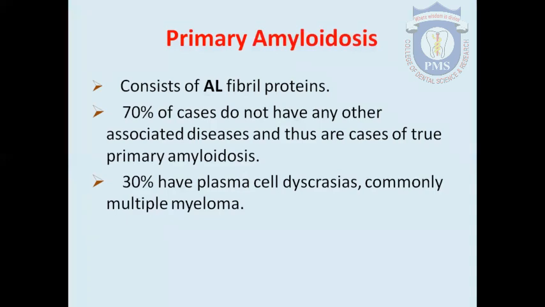Primary amyloidosis consists of AL fibril proteins. 70% of cases do not have any other associated diseases and thus are cases of true primary amyloidosis. 30% have plasma cell dyscrasias, commonly multiple myeloma.